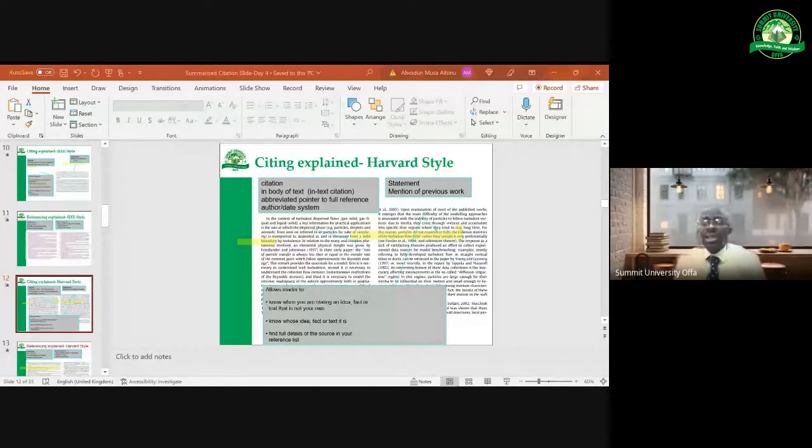Even when you are writing your statement of problem, it should be laced with enough in-text citation to show that you have consulted widely and at an appropriate level before you arrive at that problem. So that's number one.